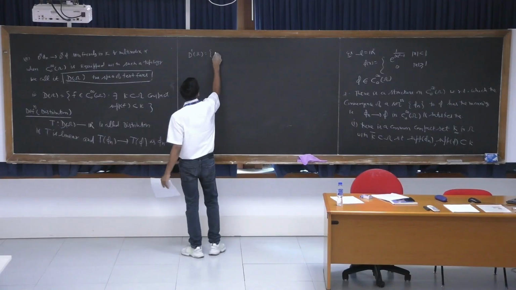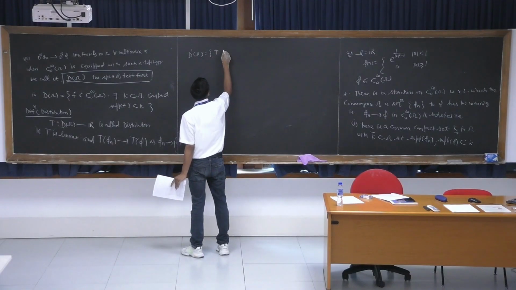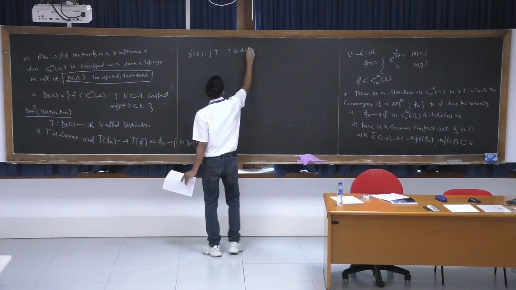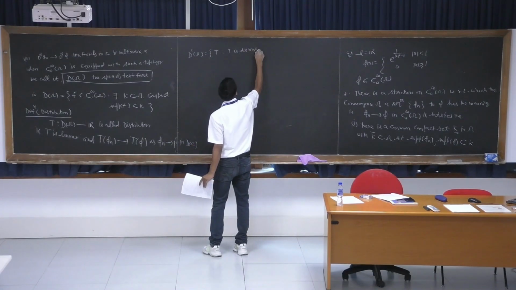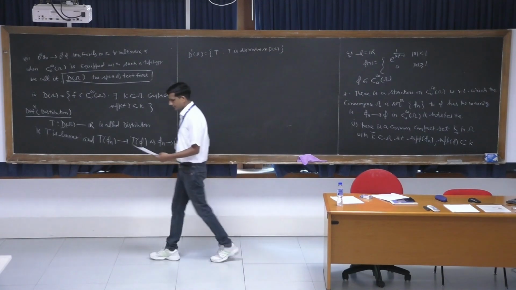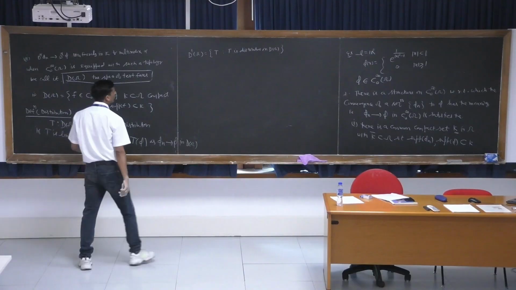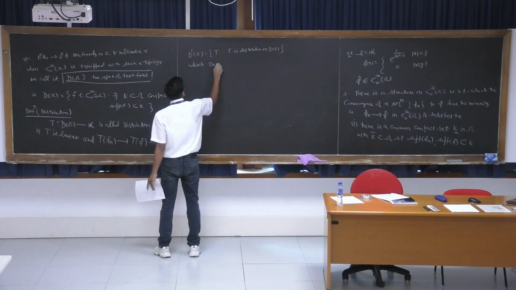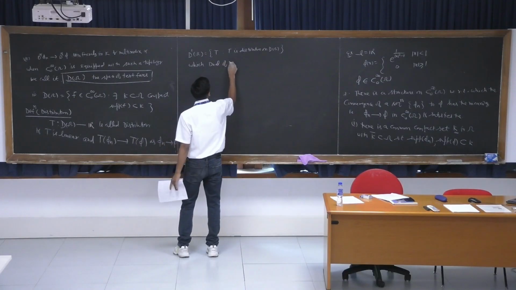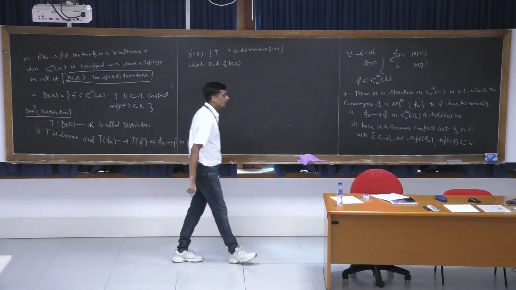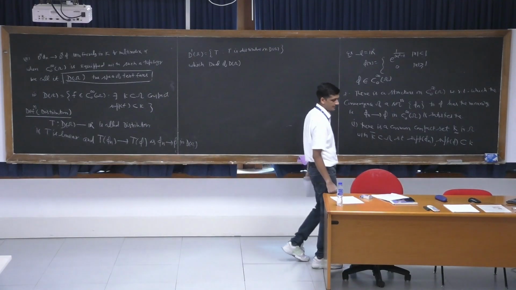We can say this is all T such that T is a distribution on the D of omega, the set of all distributions, or you can say, if you remember, the dual of this space.